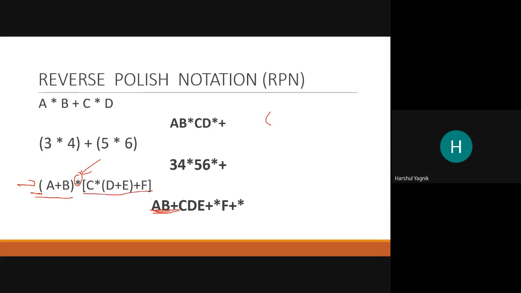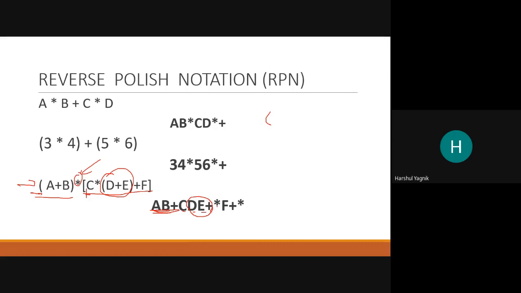Next, we find a parenthesis. So for the component inside the parenthesis, starting from the left, what are the operands? C, D, E. But D and E are in a parenthesis, so that addition has to be done first on the previous two operands, DE.